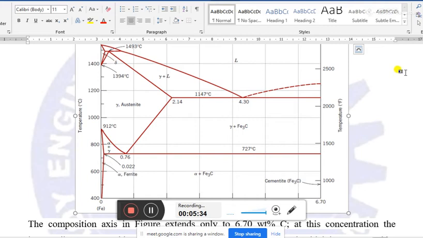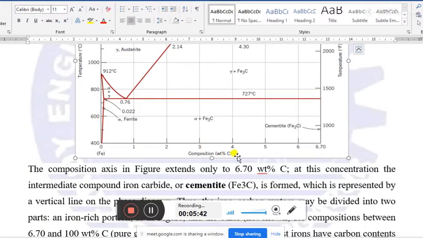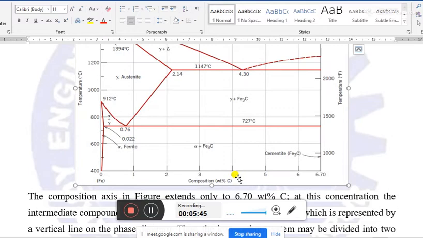The temperature axis is the y-axis, and temperature in degrees Celsius or degrees Fahrenheit is represented. And in the composition axis, the component which is added or mixed is represented in weight percentage of the mixture, in the x-axis.